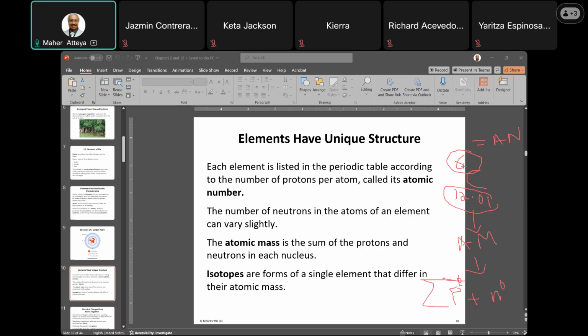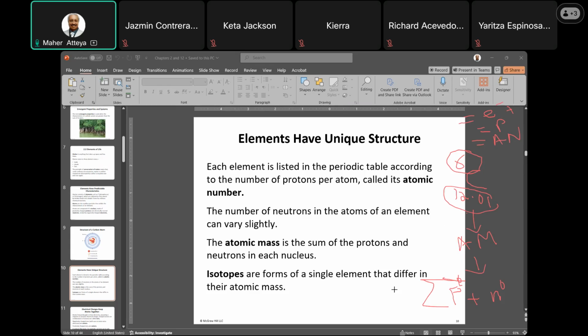And the 6 here is the atomic number, which is the number of the protons, but also the number of electrons in a neutral atom. So we have to know that.